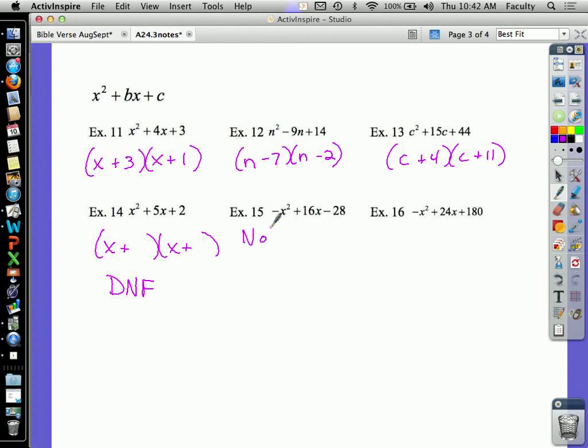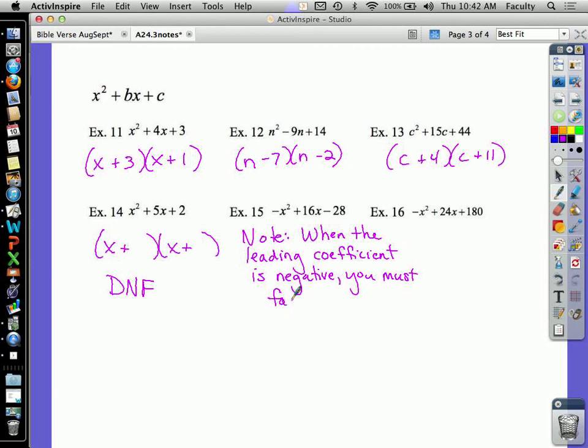All right, now, in example 15 and 16, I need you to write a note here. When the leading coefficient is negative, you must factor out the negative sign.